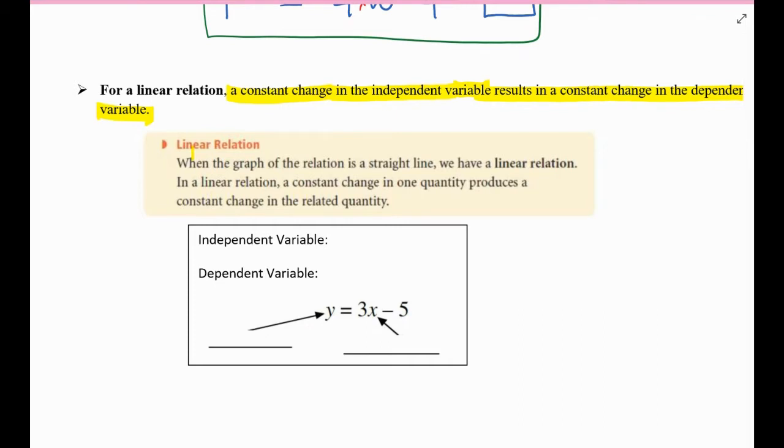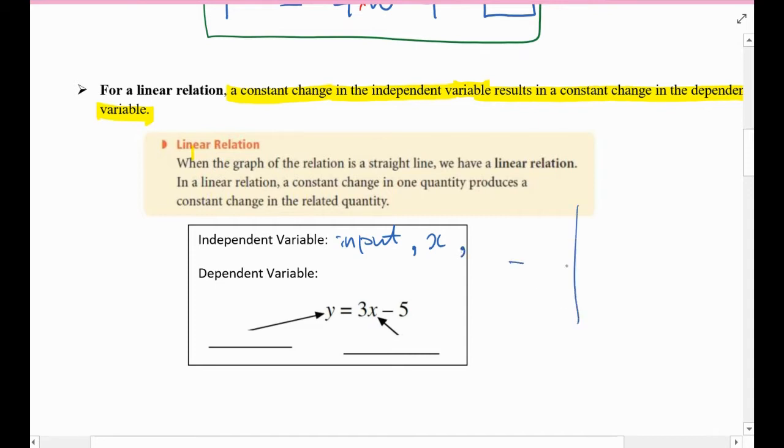So when we have x and y, input variable is always independent variable. So input is usually x. X is an independent variable.